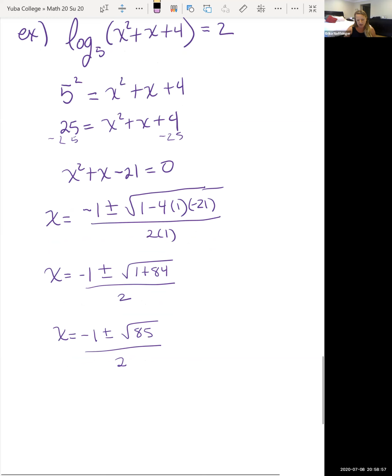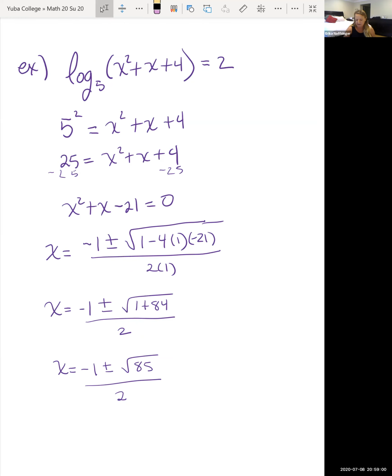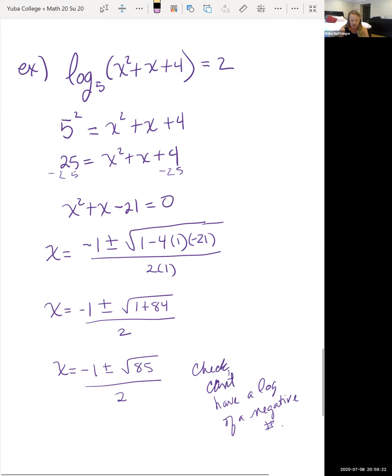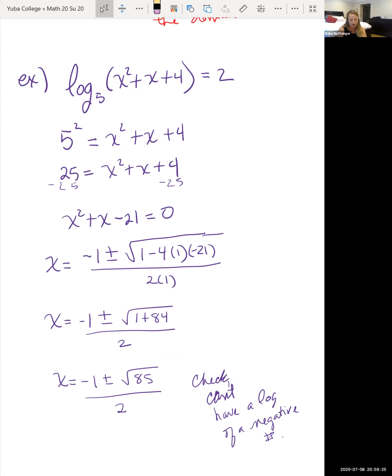Okay, I cannot have a log of a negative number. So I'm not sure, I'd have to go back and plug this in. It would make more sense if I plug this in in decimal form instead of fractions with radicals.